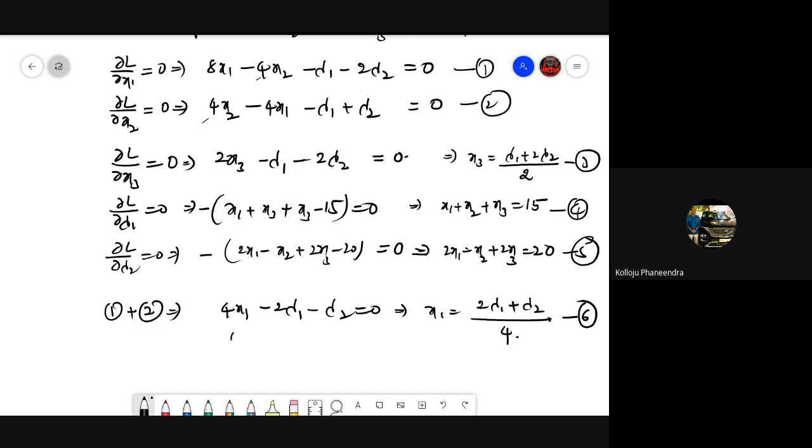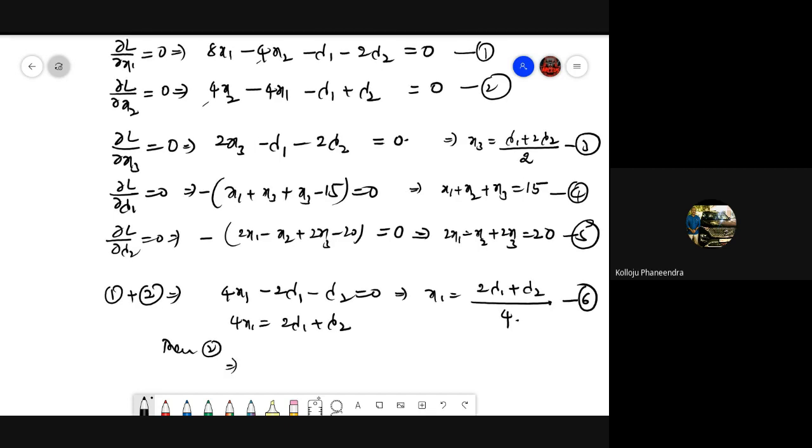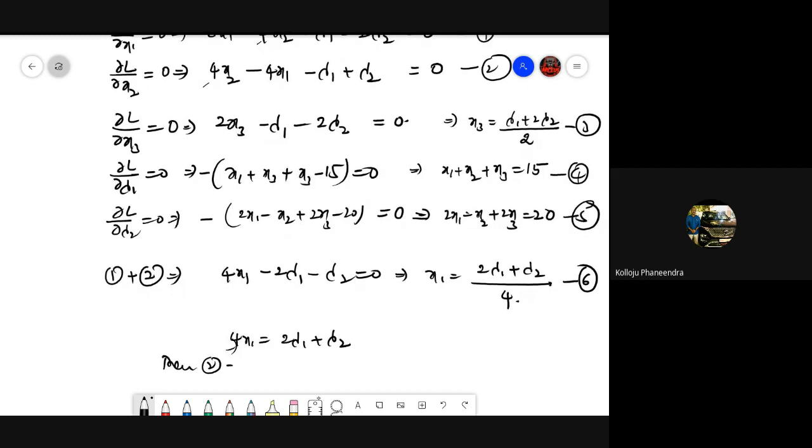Okay, what is 4x1 from this? 2λ1 + λ2. Then substitute the 4x1 value in 2. So 4x2 − 4x1, that is −(2λ1 + λ2) − λ1 + λ2 = 0.